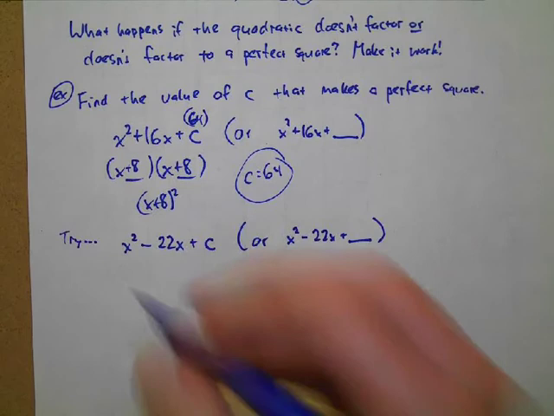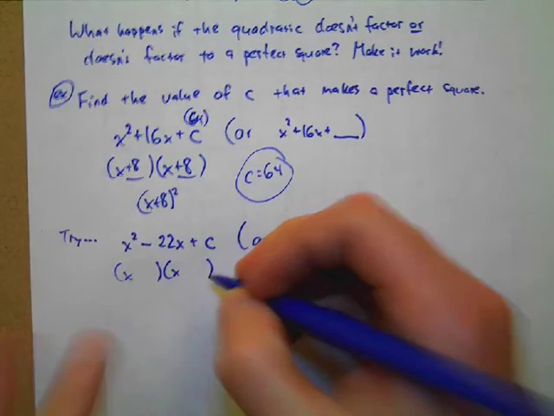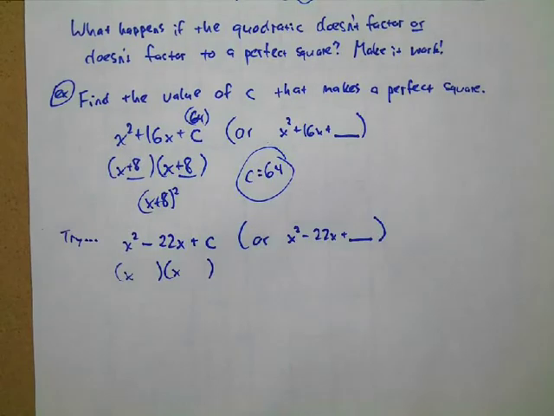So think about how that would need to factor to create that perfect square. So go ahead and take like 30 seconds. Remember, the ultimate answer here is what is C? What do we have to add in there to make it work?